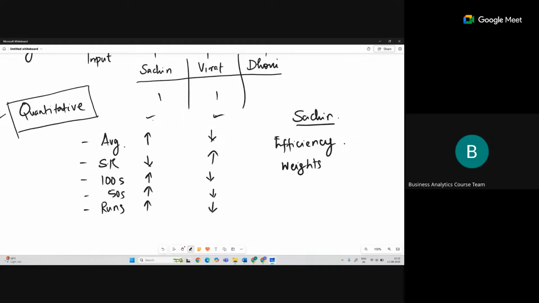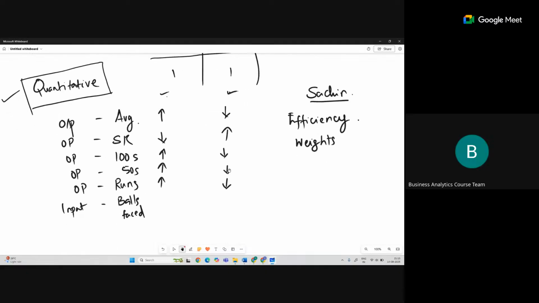So here, let's have another metric called balls faced. Let's say we are talking about test matches. This could be an input, and all these could be outputs. Can you think of any other input? Well, the number of matches could be an input.